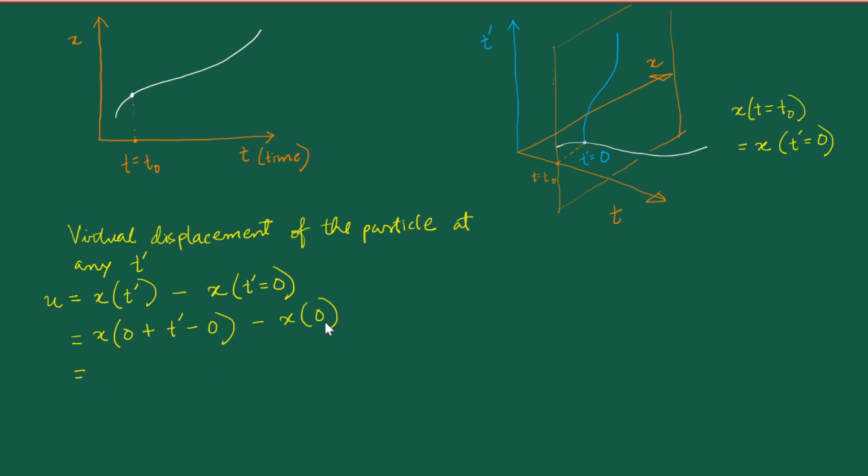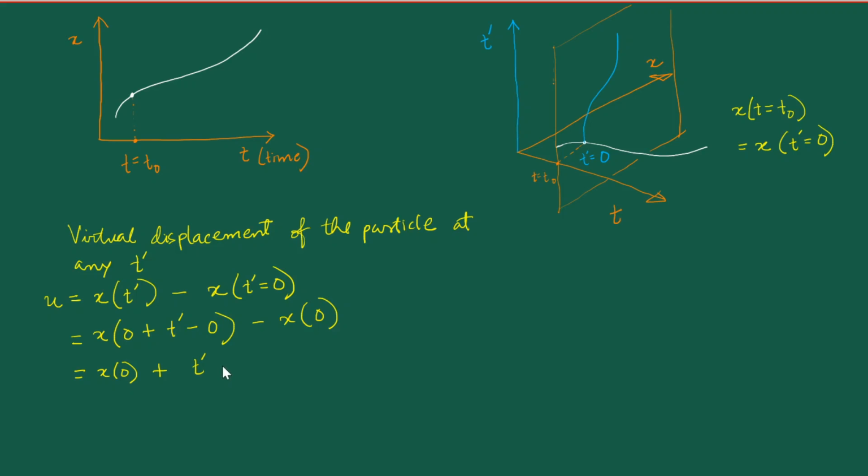Okay, so as I mentioned, whenever I'm writing x of 0, I basically mean x at t dash equal to 0, which of course is equal to x at t equal to t naught. Okay, so I'm not repeating those statements in every step. So in the next step, I'm going to Taylor expand this. So x of 0 plus t dash.